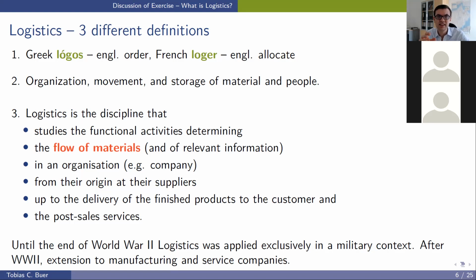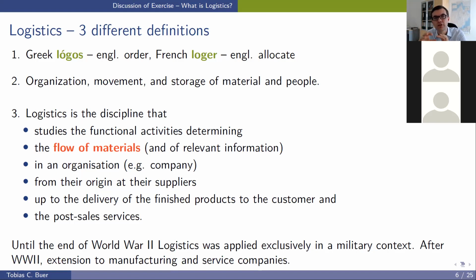So I'm not saying this is the only definition of logistics or this is the 100% precise and correct definition of logistics. Usually when you are in science, the more you discuss a topic, the more opinions you will get.